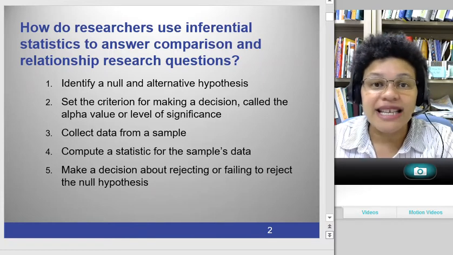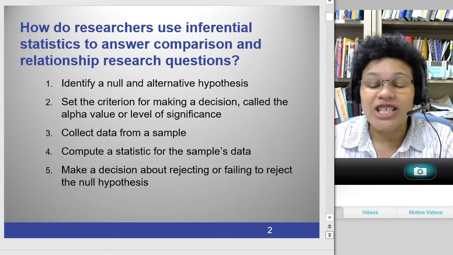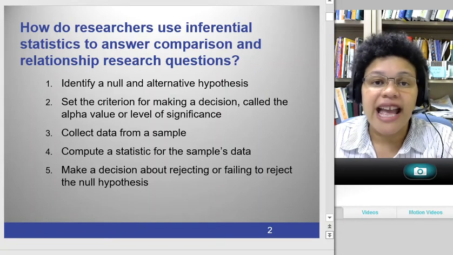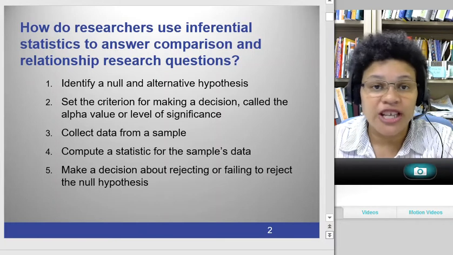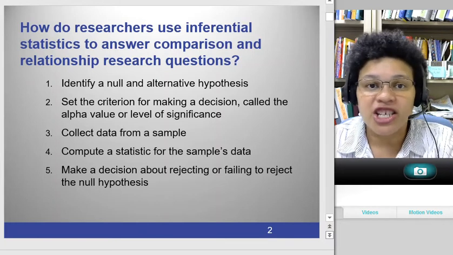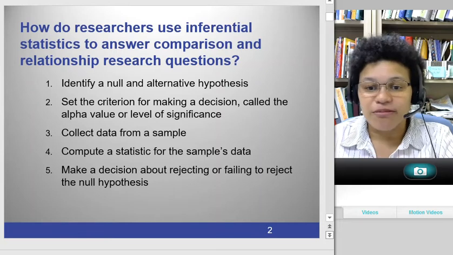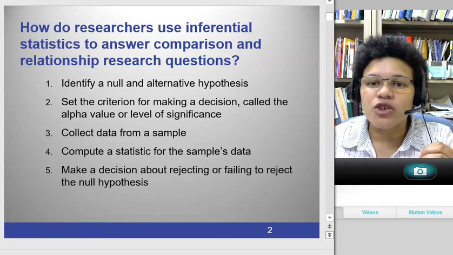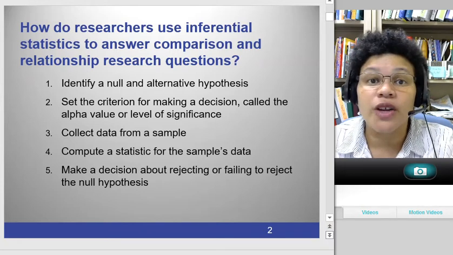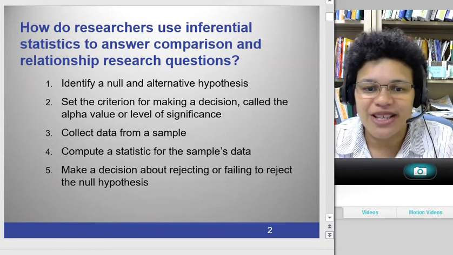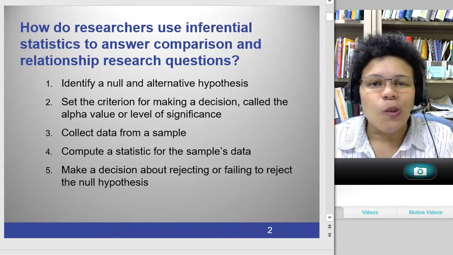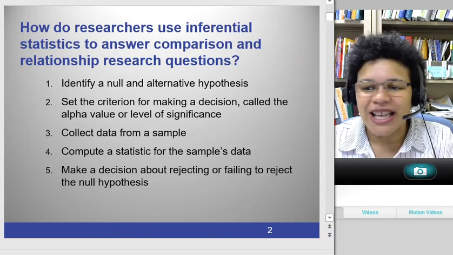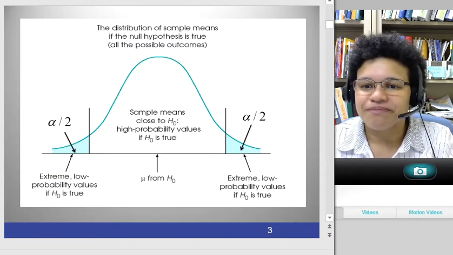And we're going to make a decision about rejecting or failing to reject the idea that if we were to do our intervention with this larger population, there wouldn't be a difference. So those are basically the steps in doing inferential statistics, inferring from a sample to a larger population. So what is this stuff about alpha level?